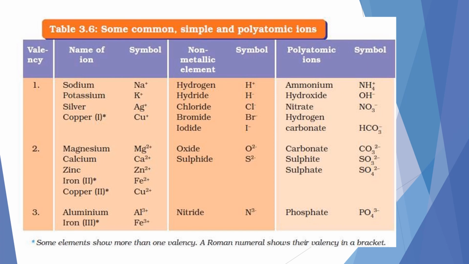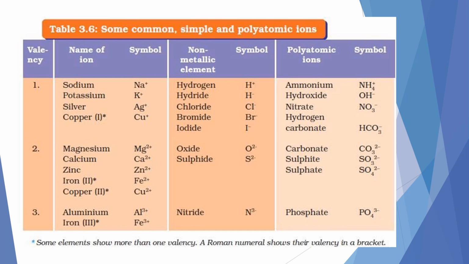Or we can tell the symbol Mg2 plus. And calcium Ca2 plus, zinc Zn2 plus. I'm saying the ions, okay. Zinc ion is Zn2 plus, iron ion is Fe2 plus, copper Cu2 plus, then aluminium.